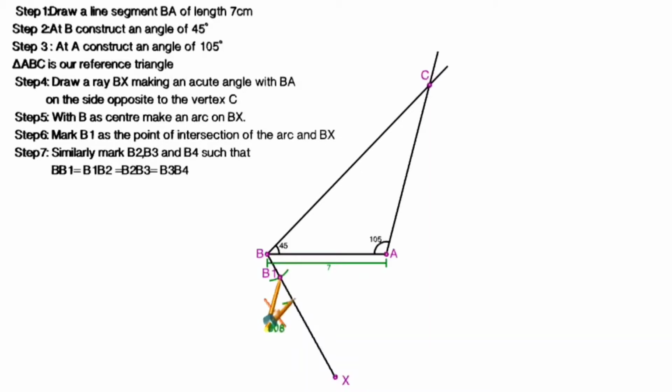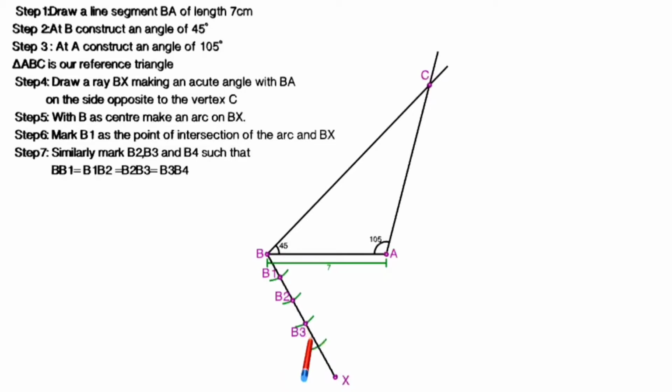So I have got the point of intersection of the second arc with BX as B2. In exactly the same way, I'll make the third arc and the fourth arc. 4 upon 3, larger number 4, so 4 arcs I'll be making. B1, B2, B3, and B4 are the 4 points of intersection of these arcs respectively with the ray BX.